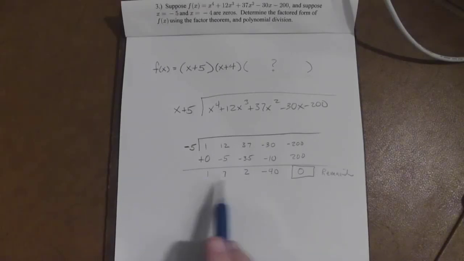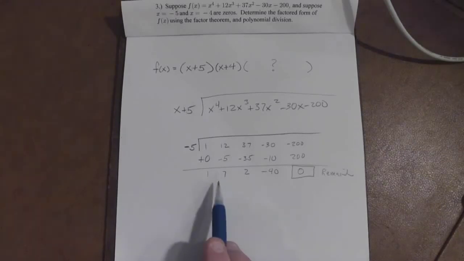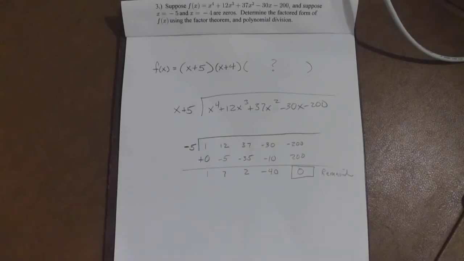And this, out here, represents what we would call the coefficients of our quotient for dividing this quantity by x plus 5.